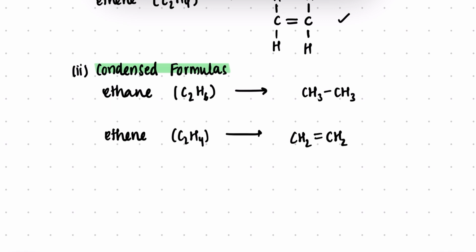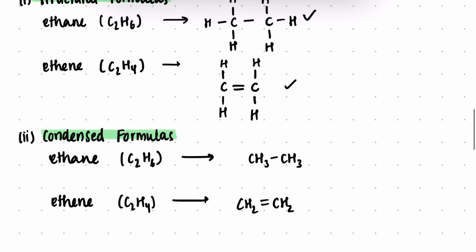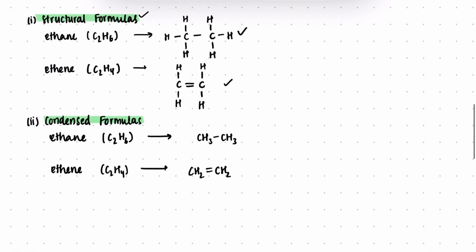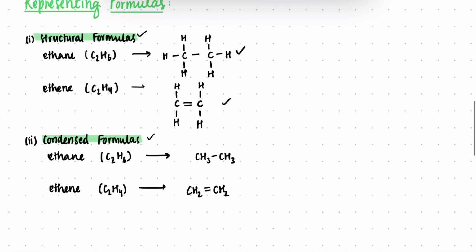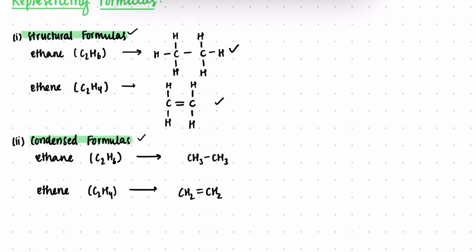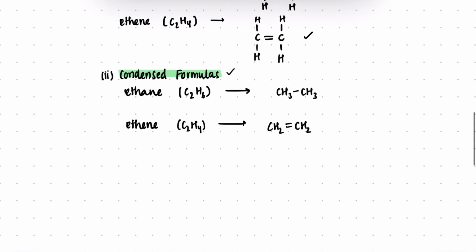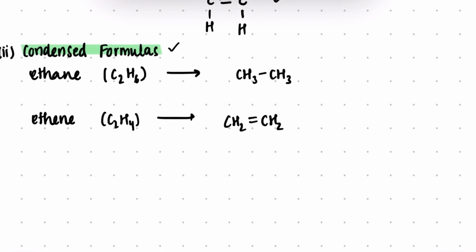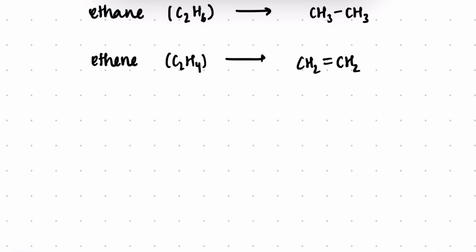So these would be condensed formulas. We'll discuss bigger examples for structural and condensed formulas at the end. So right now we're only going to discuss it for ethene and ethane.